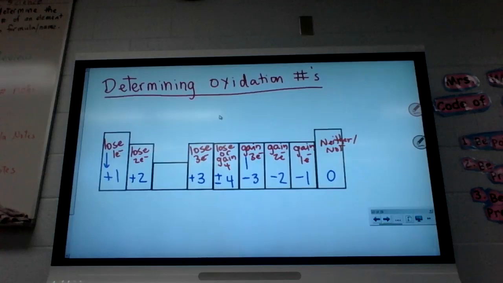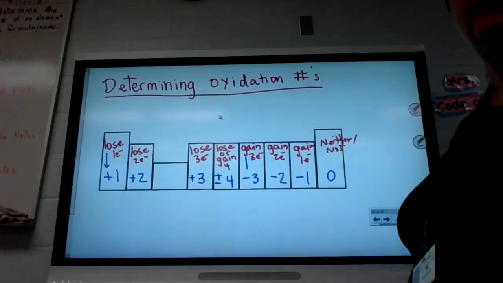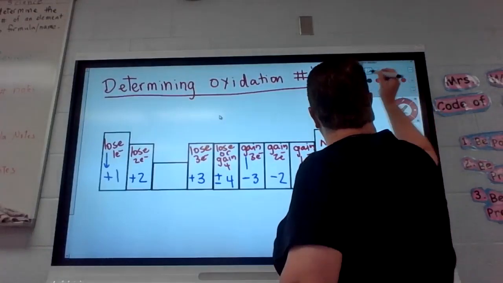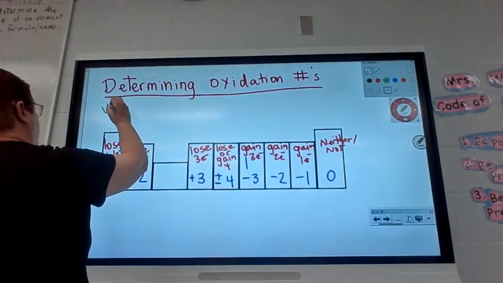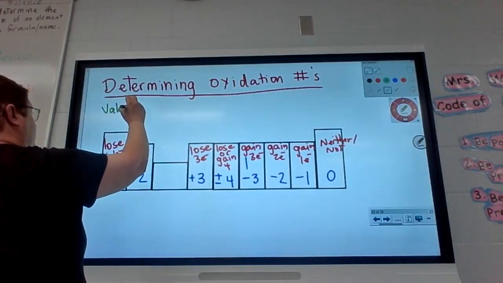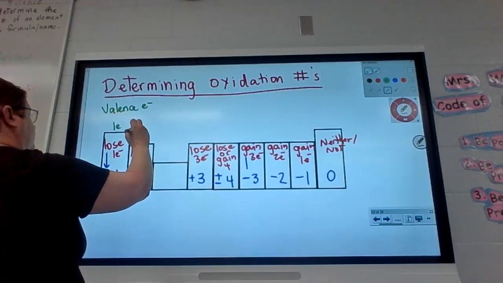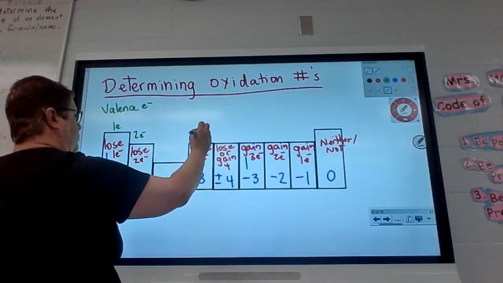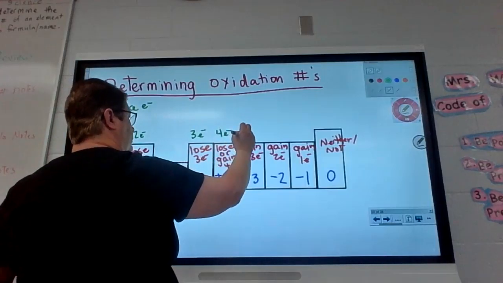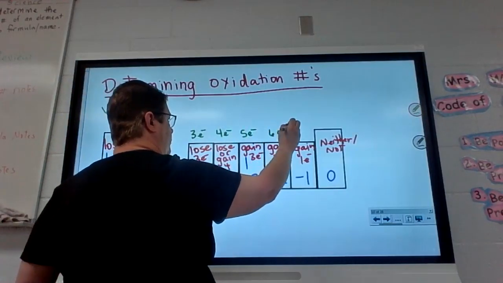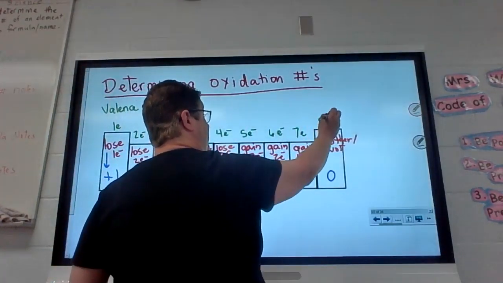So how many valence electrons does group 2 have? What is it? You need to come to school more often. You got to look at the group to find out the valence electrons.